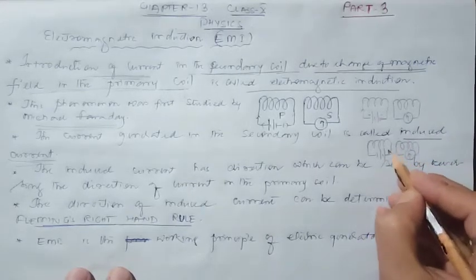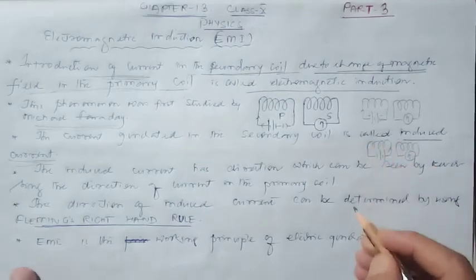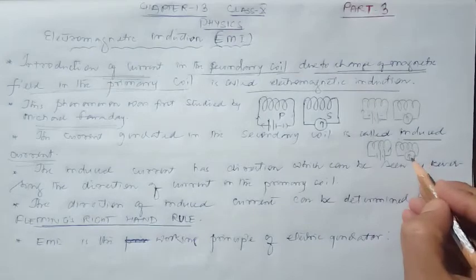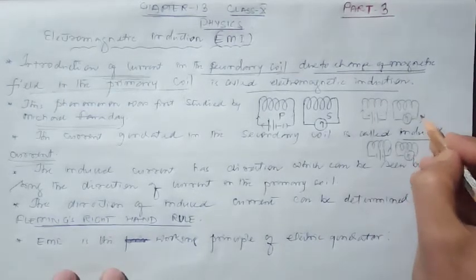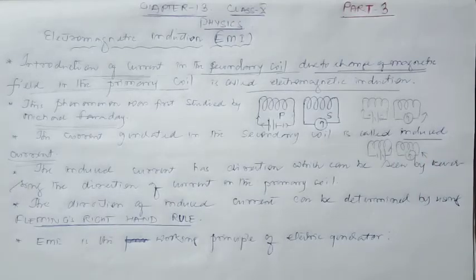If I allow the current to flow, the current will flow in this direction. Because of this flow direction, the galvanometer will show deflection in the opposite direction. Suppose in this case the deflection was this side; now in this case the deflection will be on this side. So reversing the direction of deflection shows that this induced current has a direction.